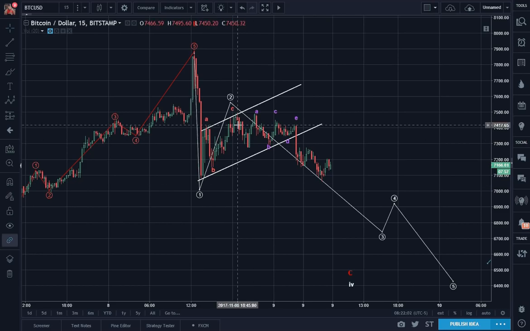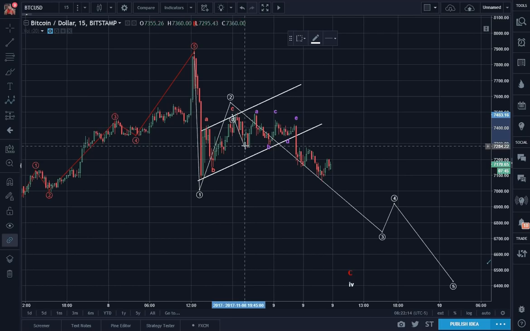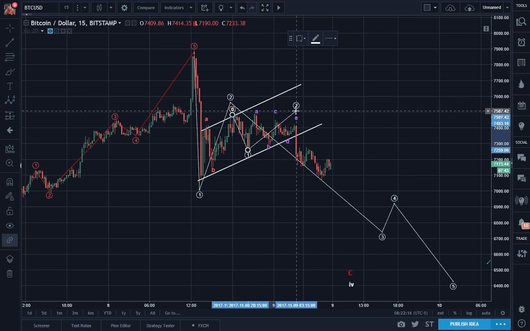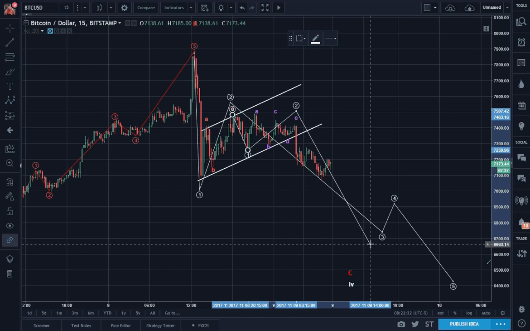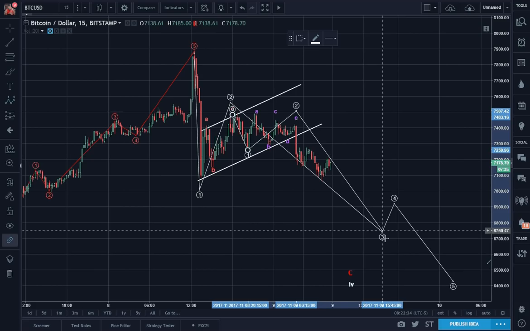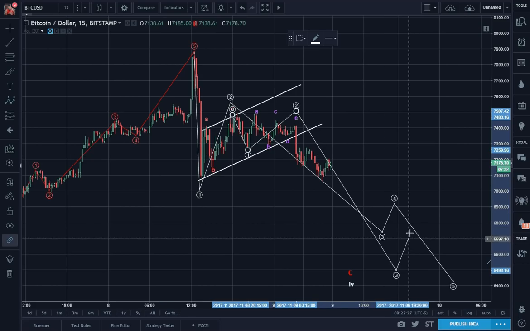The other account that we can have is 1, 2. Because of the length of this, I'm targeting lower.